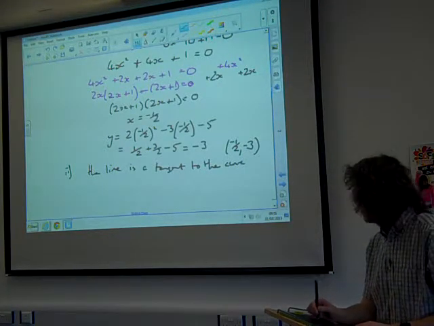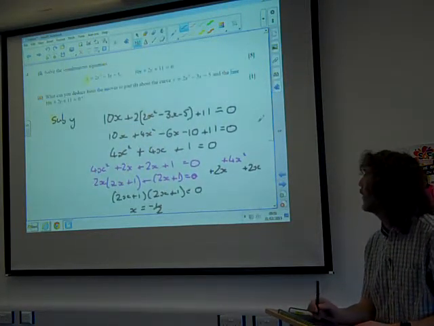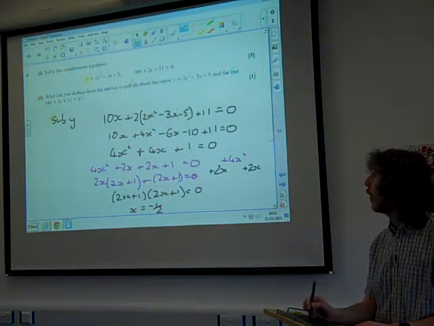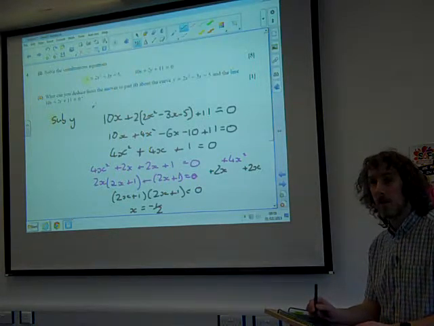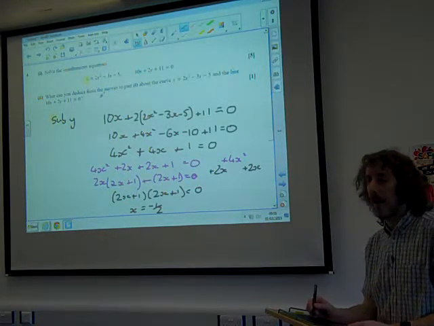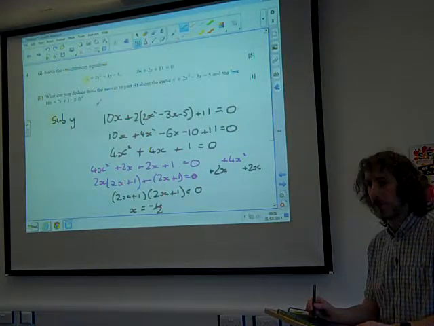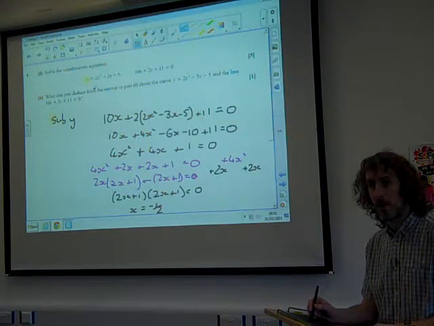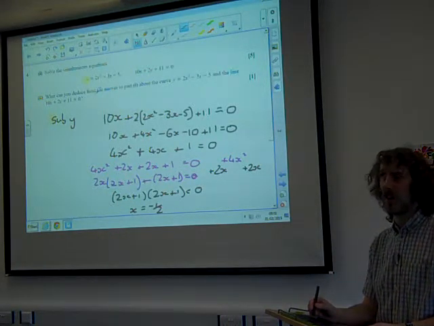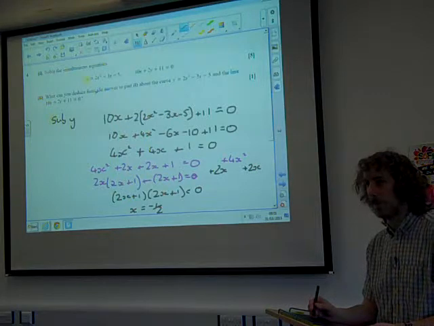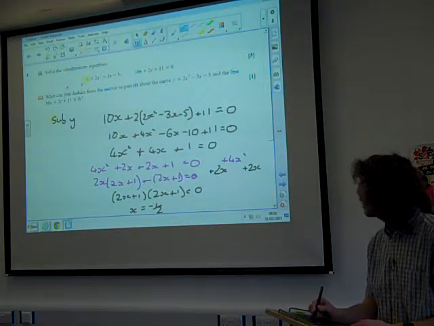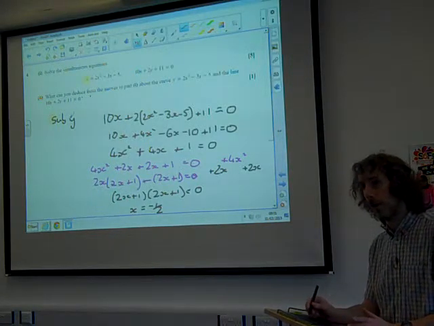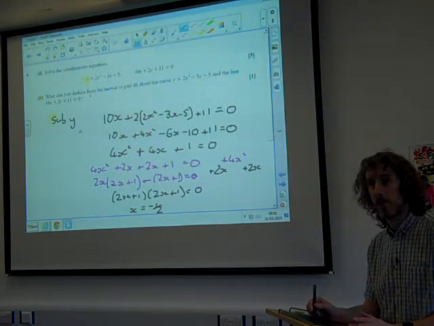And to be honest, if you've got a question that says what can you deduce from the answer to part 1 about the curve and the line, they're not going to ask that question if there are 2 points of intersection and it's just a nice, normal pair of simultaneous equations, because they're not wanting you to deduce that the line just crosses the curve a couple of times, because that's not very interesting. So that second part of the question was a big hint that the first part was going to involve it being a tangent, with only one root.